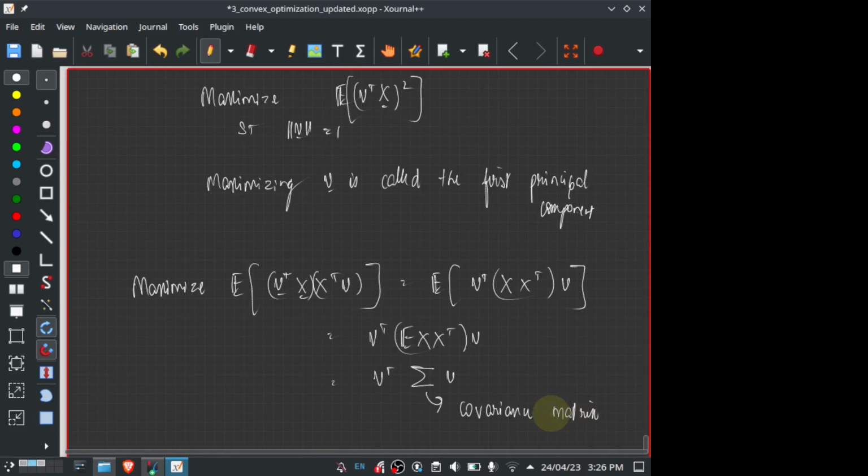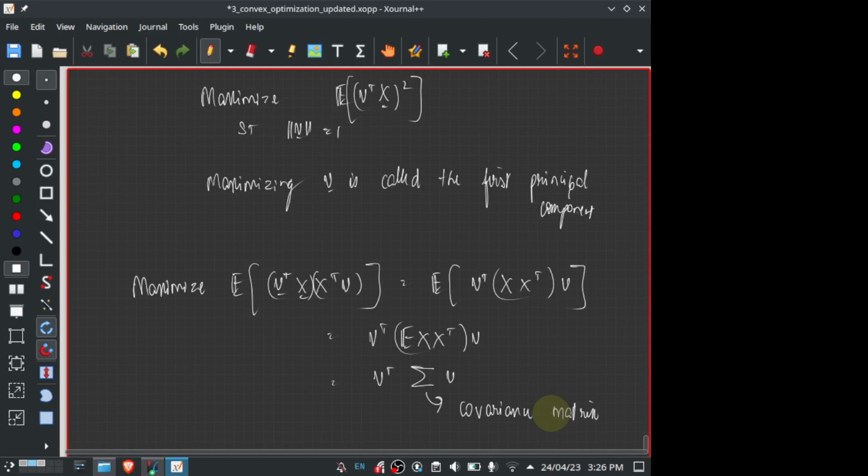Now, in general, you don't have the covariance matrix directly. All you're given access to is a bunch of samples, right? So you can compute the sample covariance matrix and use that as a proxy for the original covariance matrix, and find the direction along which the variation is maximized. This is particularly useful in applications where there are certain components along which there is a lot of variance, but in the rest there is almost no variance.